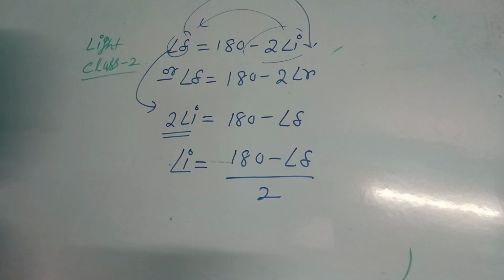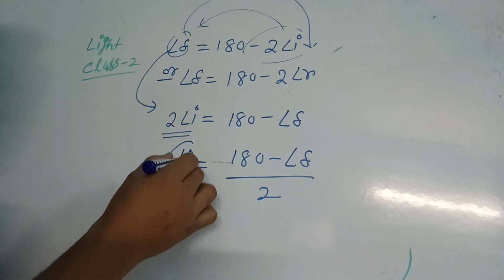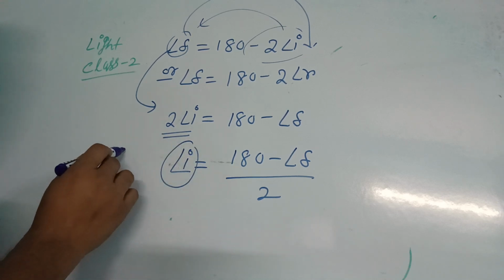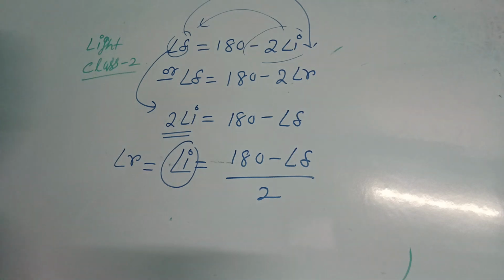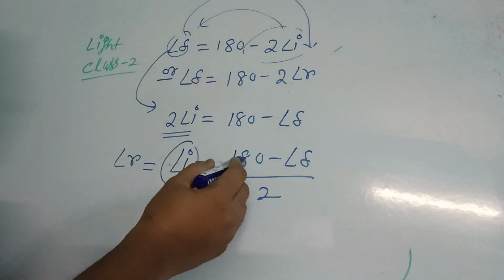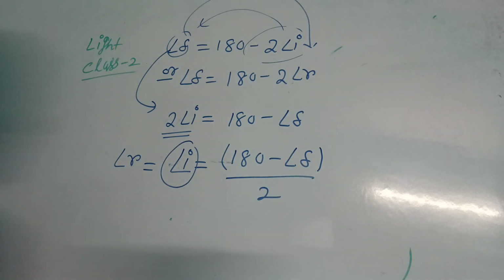So if we know the value of delta, then we can find the angle of incidence or angle of reflection, because angle R and angle I both are same. So it is 180 minus delta divided by 2.